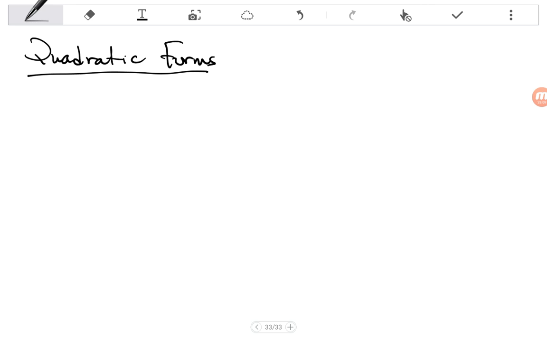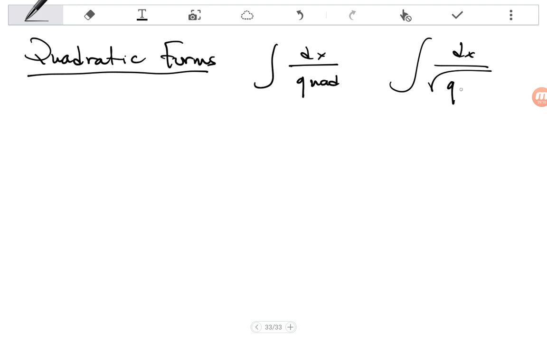The last part in this lecture, we will check some forms which are called quadratic forms. Quadratic forms are like these: integration dx over quadratic, or integration dx over root quadratic.